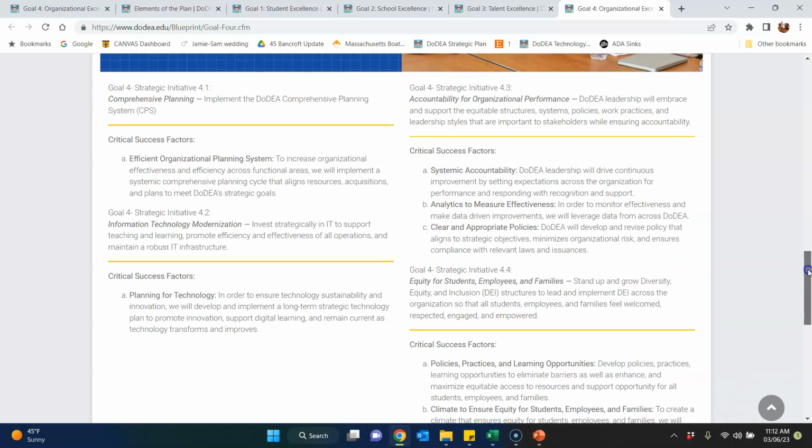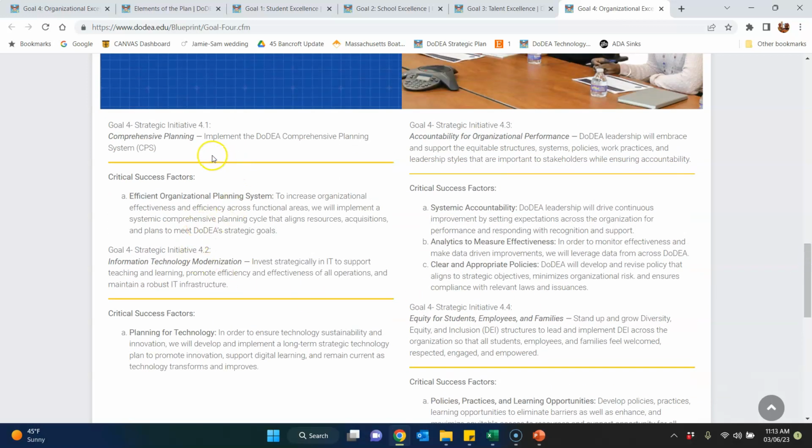There are 4 strategic initiatives here. The first one has to do with comprehensive planning, and that means writing a plan that is comprehensive, that works together, and where you can break that down to achieve the strategic goals by working on the initiatives mentioned.